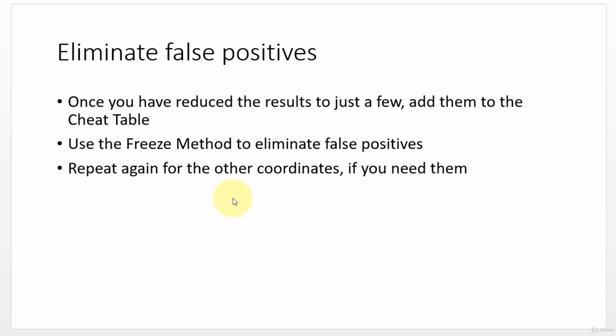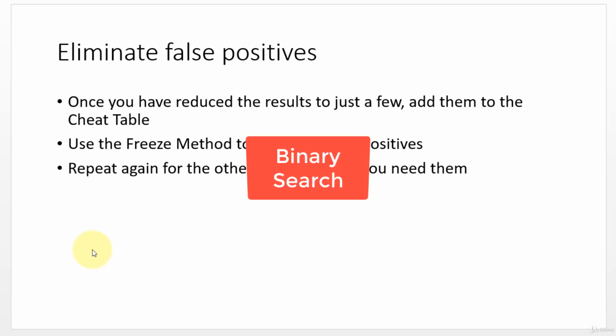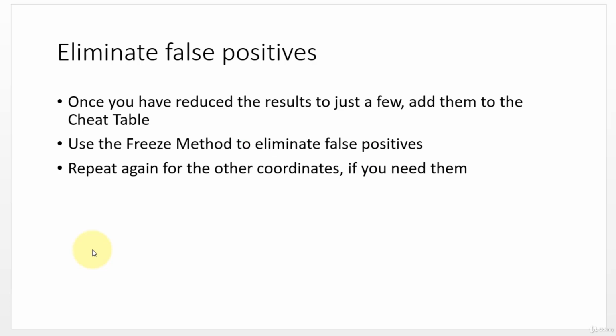If the player doesn't freeze, we can delete this half and then freeze the remaining half. So we keep on repeating this binary search method. It is called a binary search because we are using either the first half or second half, then eliminating it, then repeating the same again and again until we find the exact address that we want.